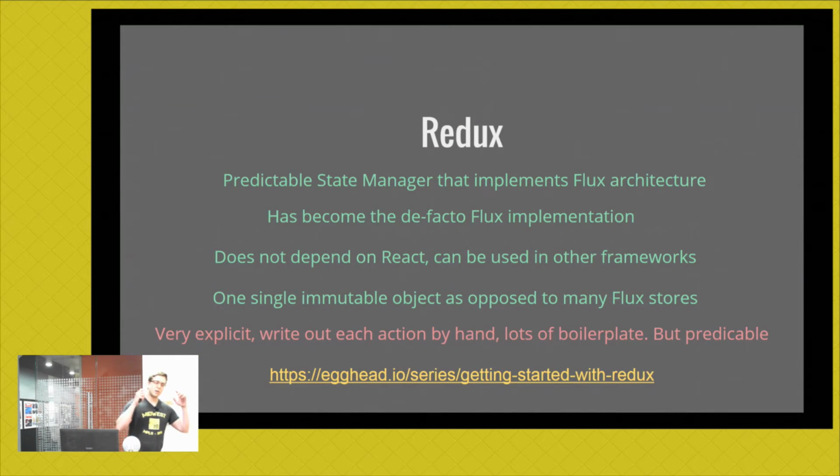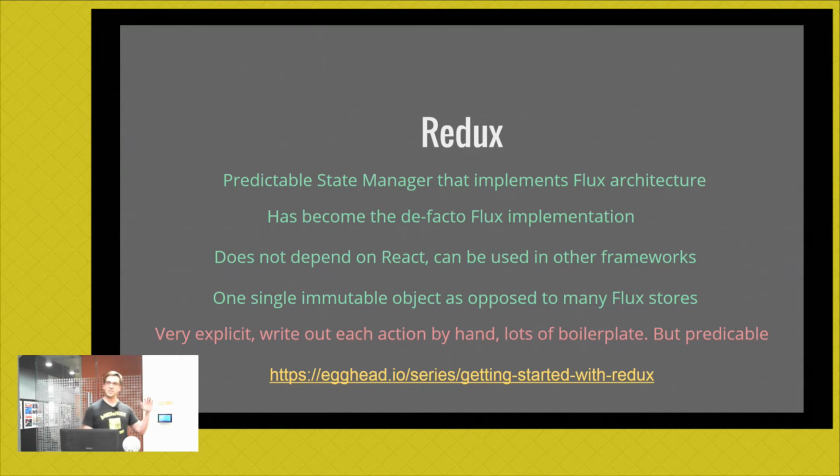So, like I said, Flux itself is not a framework. It's just an idea of implementing unidirectional data flow through things called an action and dispatcher. An actual implementation of Flux architecture is Redux, and they say it's a predictable state manager. Now, if I'd given this talk a year ago, I would have like 20 different Flux frameworks to talk about.